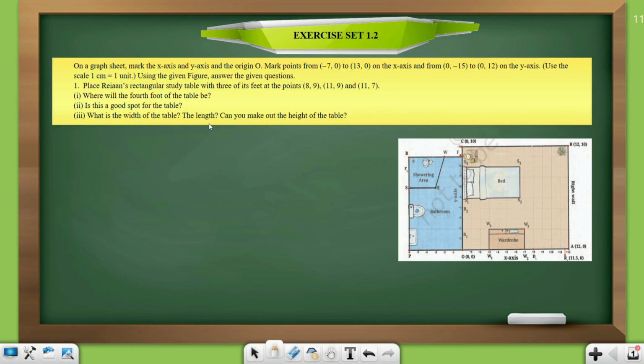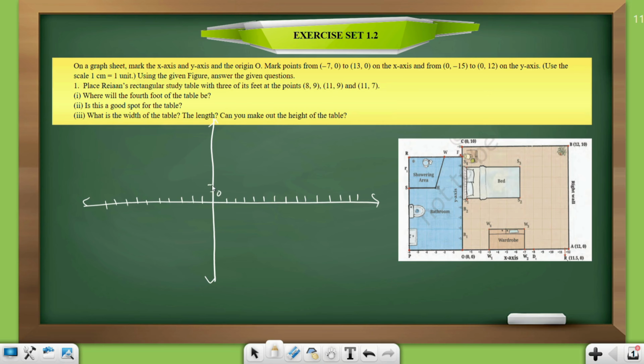So let's draw the coordinates here, and also the points that they have given. This is going to be the origin: 1, 2, 3, 4, 5, 6, 7, 8, 9, 10, 11, 12, 13, 14, and here it's going to be -1, -2, -3, -4, -5, -6, -7, -8, -9 and -10.